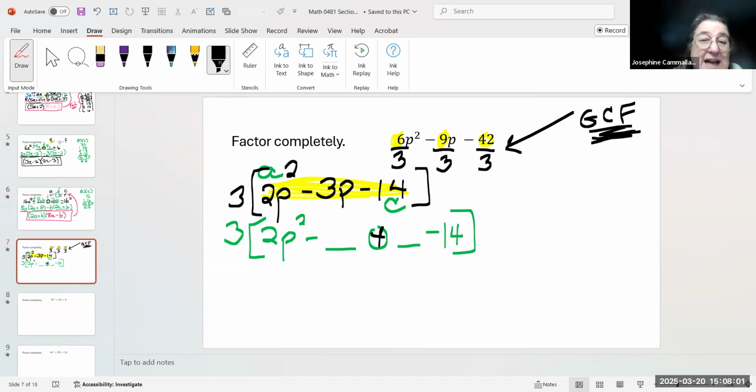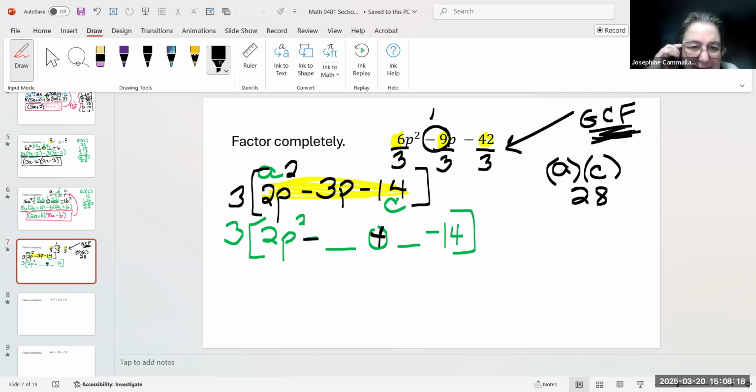Now, I'm looking for a negative, and since my signs are different, I'm subtracting, but I'm taking A times C, which is 28. I've taken the 3 out, so I'm using 2 and 14 to give me 28.